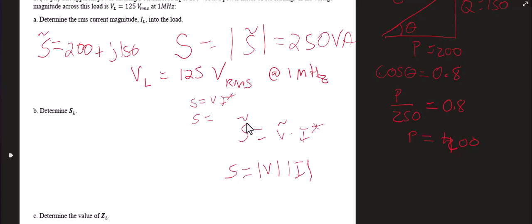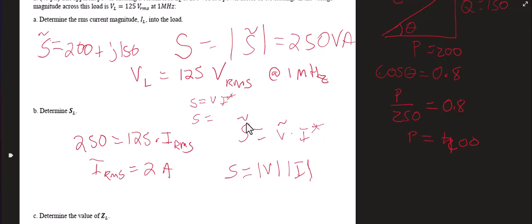There's not a 1/2 here because our V is already in RMS. And so our apparent power magnitude 250 equals 125 times I, and this would be RMS, and I RMS equals 2 amps. Now that's just the magnitude.